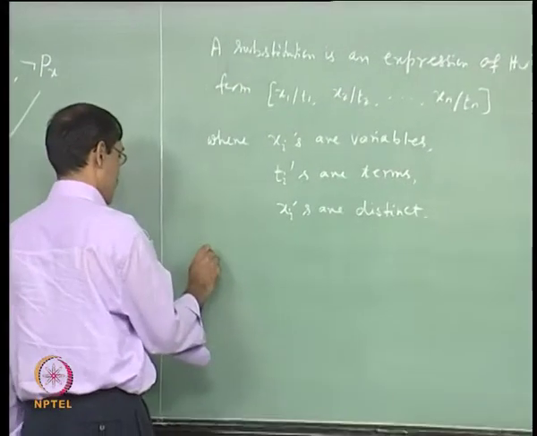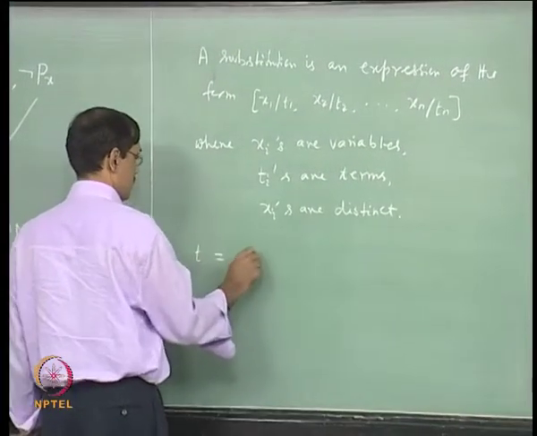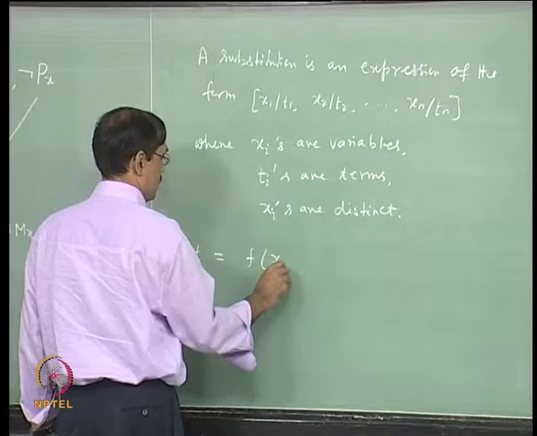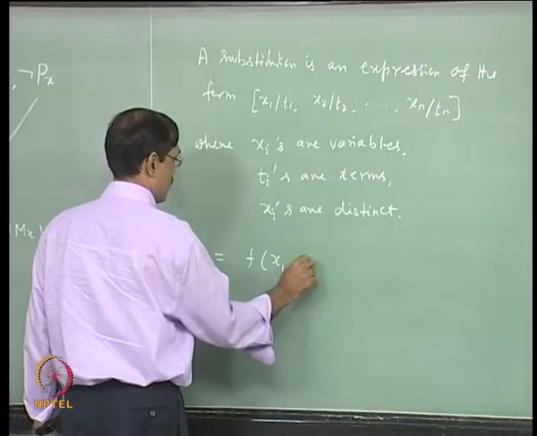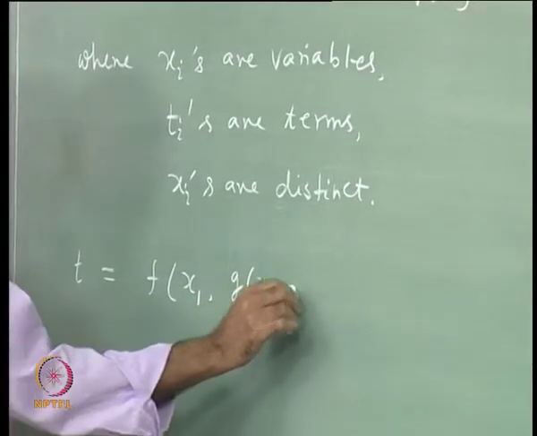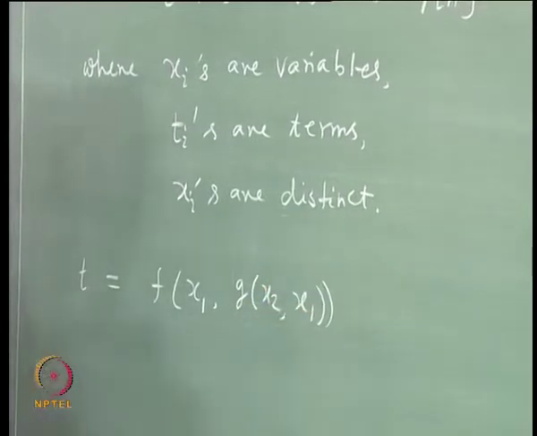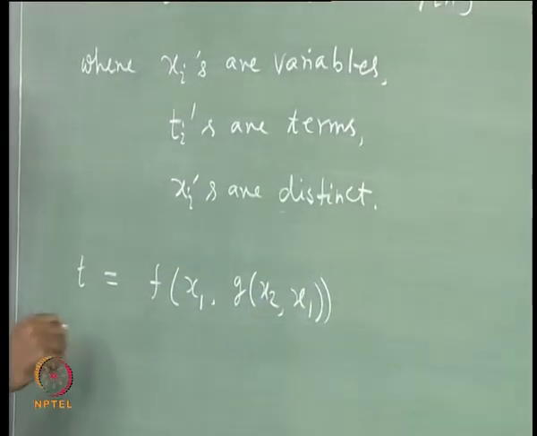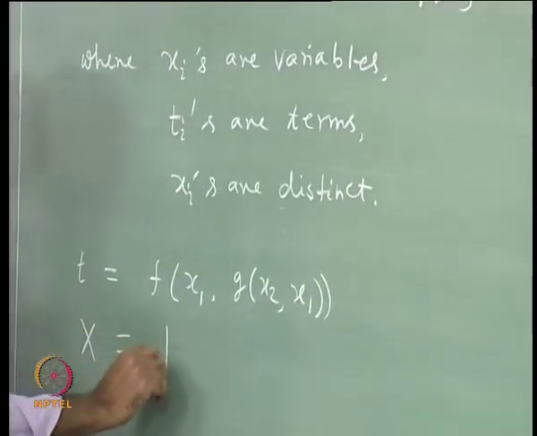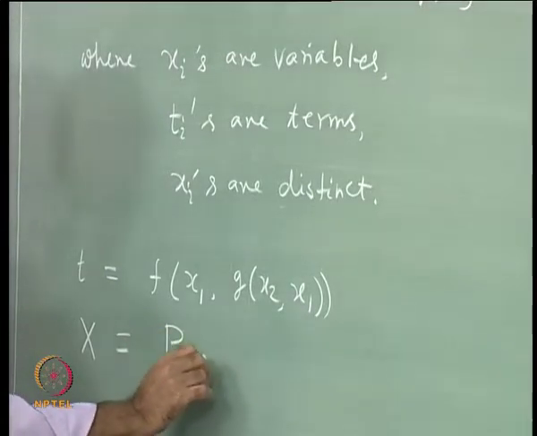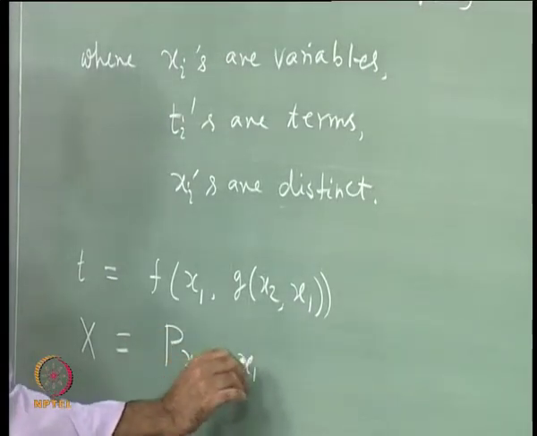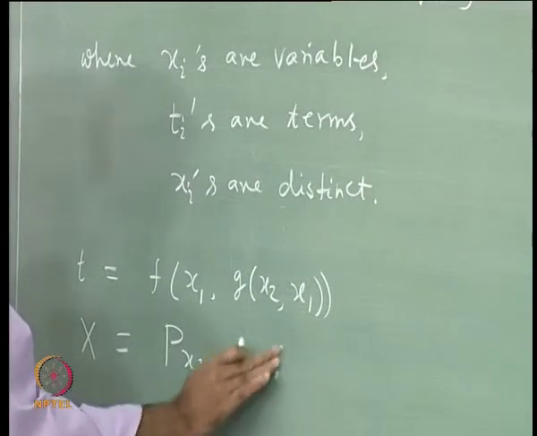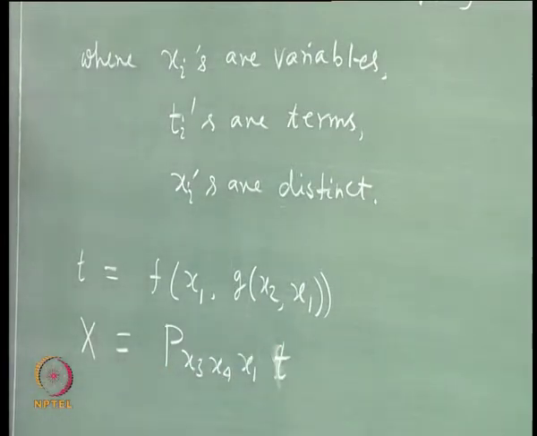Suppose I have a term t which is equal to f of x1 comma g of x2 x1. I take a formula x which is say p x3 x4 x1 and then this t, fine.